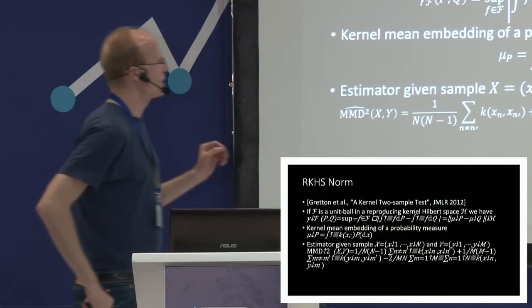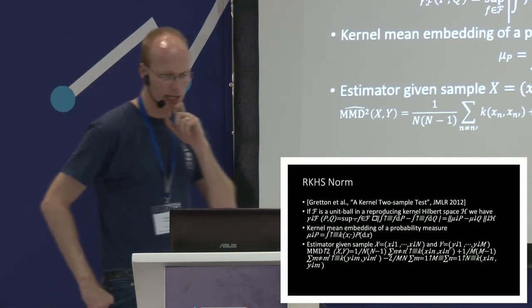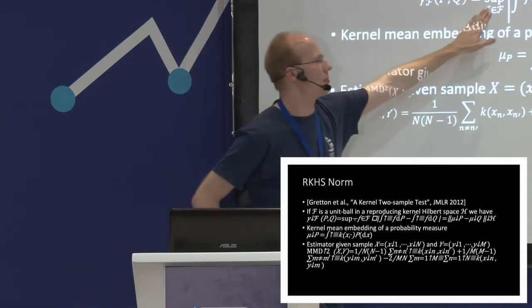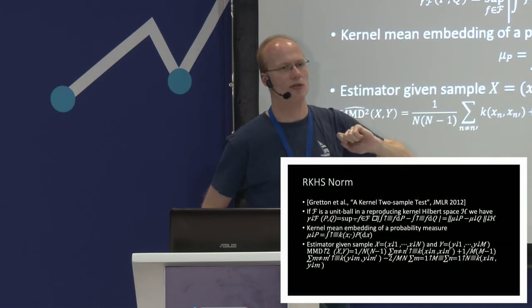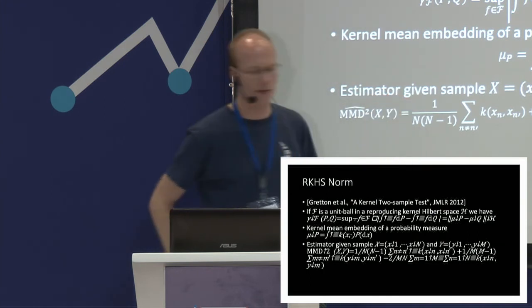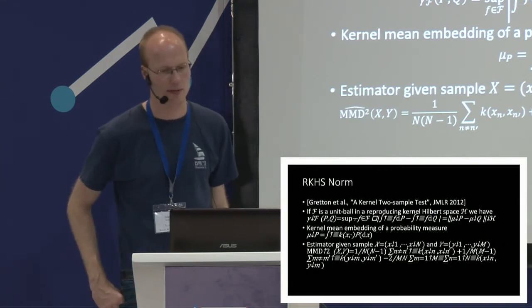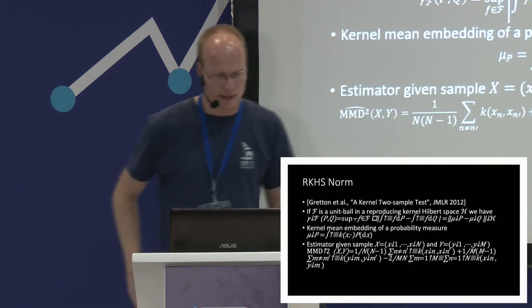The beauty of using the MMD IPM is that you don't need to solve this variational problem. This variational problem has a nice closed form solution if you use the MMD, the reproducing kernel Hilbert space. And that's the key advantage of this.